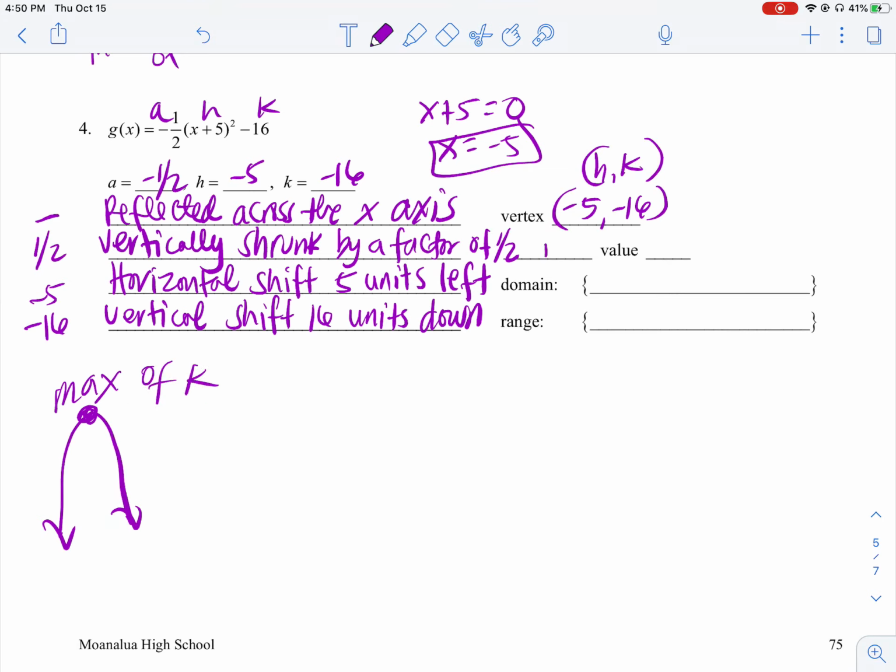So I have a max of negative 16, right? Because the maximum value of my graph is negative 16, that tells me that all the y values of this function are, what do you think? Oh, all less than or equal to negative 16.